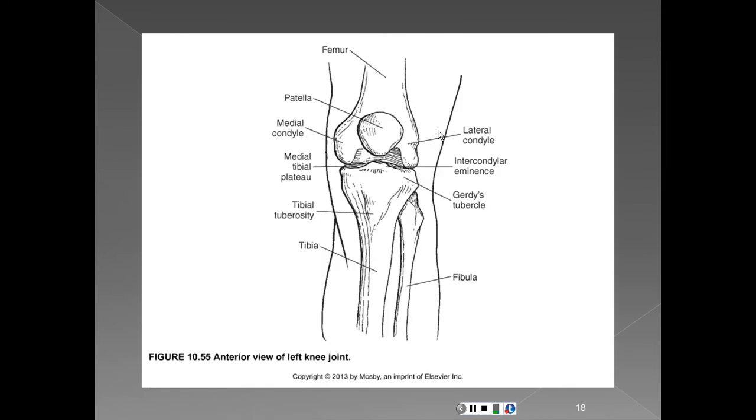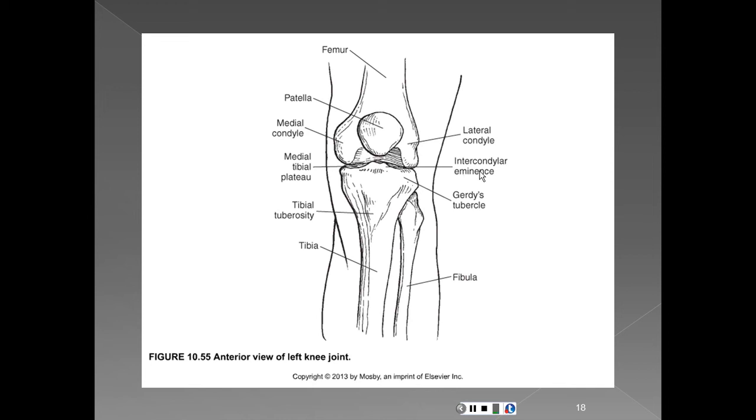So here's an illustration of the distal femur, the knee joint. You see the patella, just in case we have to orient ourselves to where we are. So of course we know the femur, patella, medial condyle, lateral condyle.